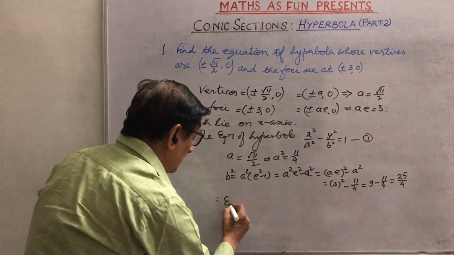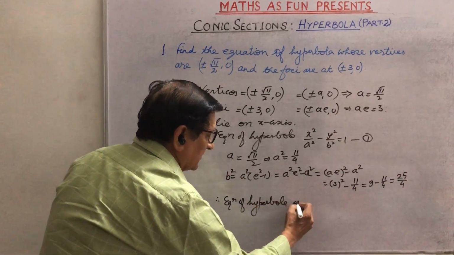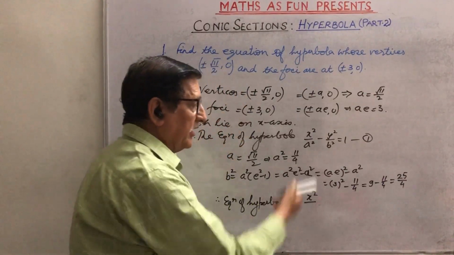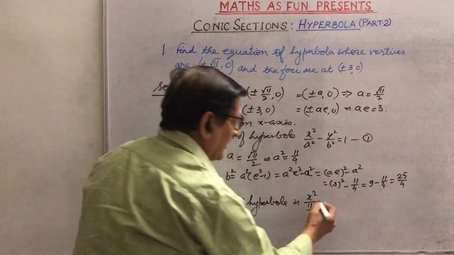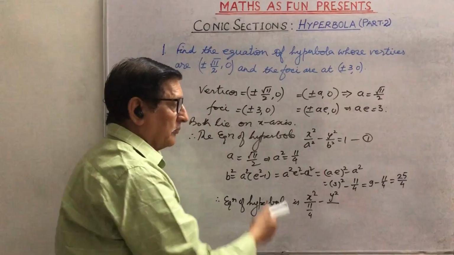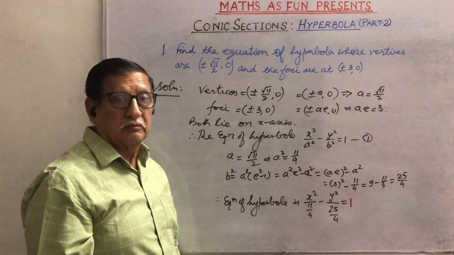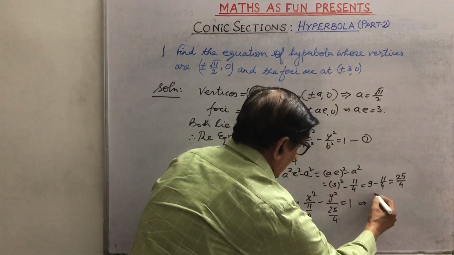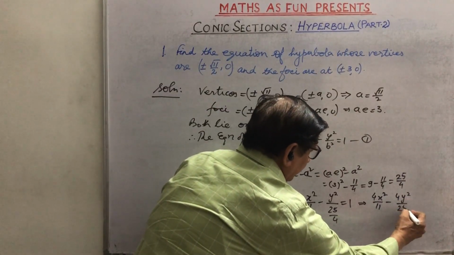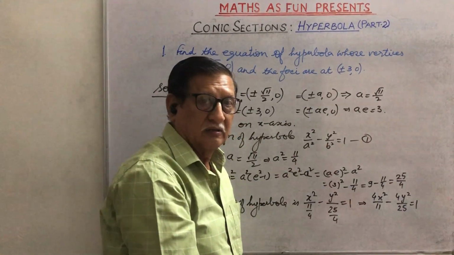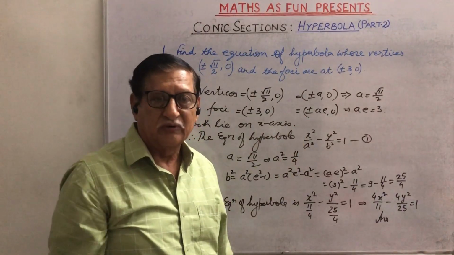So we can write therefore equation of hyperbola is x square upon a square means a square is 11 by 4 minus y square upon b square is 25 by 4 is equal to 1, which can be written as 4x square upon 11 minus 4y square upon 25 is equal to 1. This is the equation of the hyperbola whose vertices and foci are given to us.